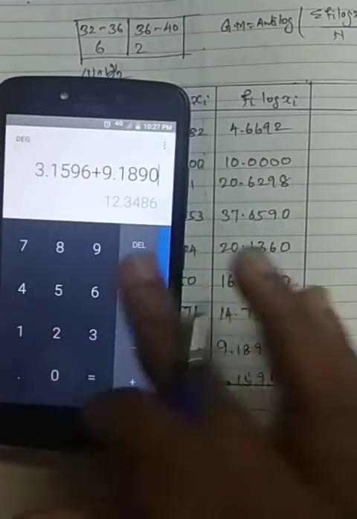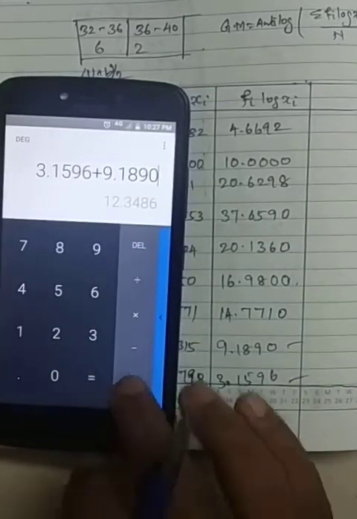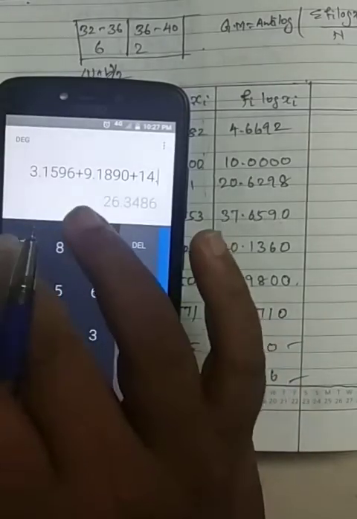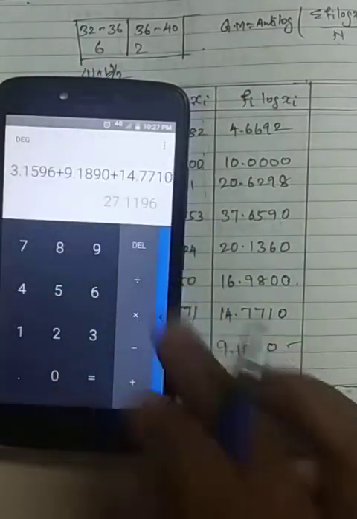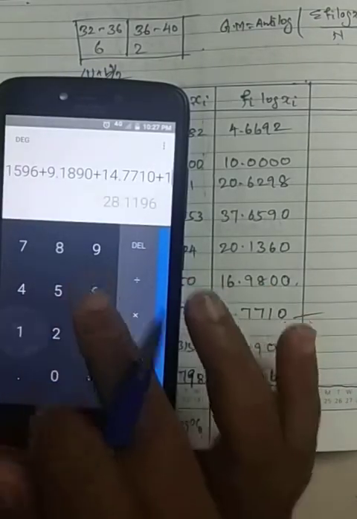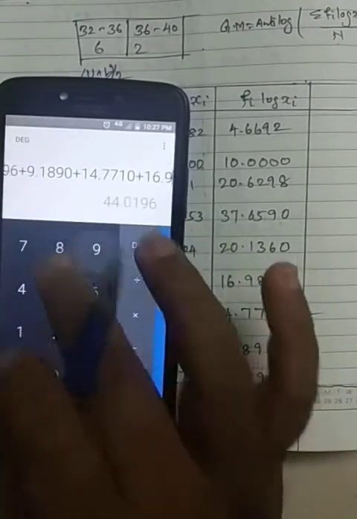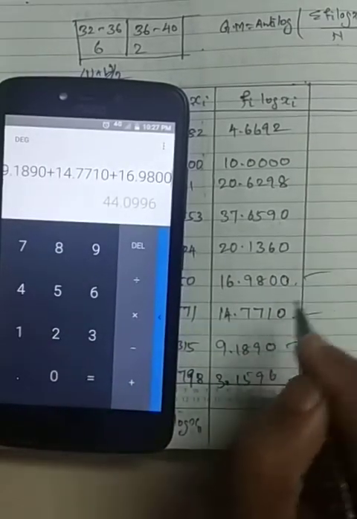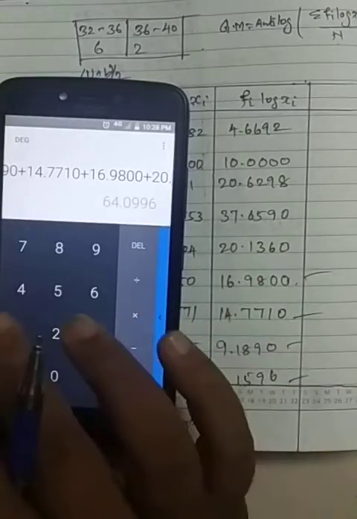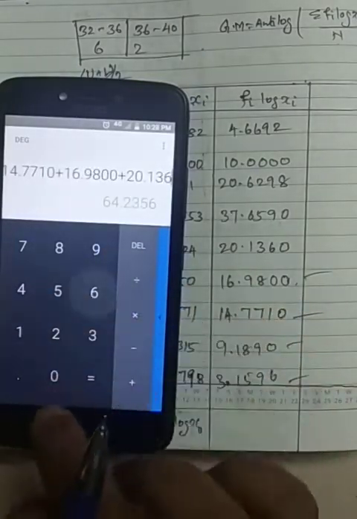So the second value I've taken, make a tick and plus. Next 14.7710, make a plus, and then we have 16.9800, so plus. Next one, 20.1360, that I have added.